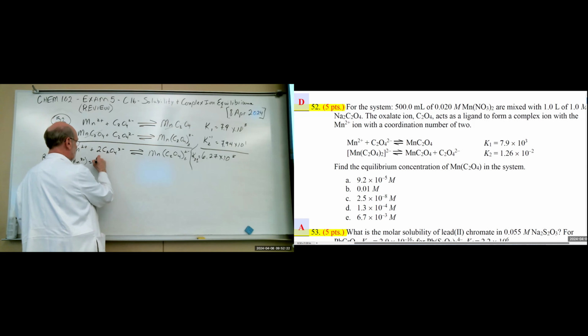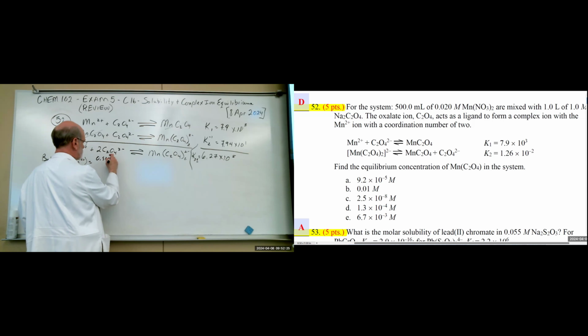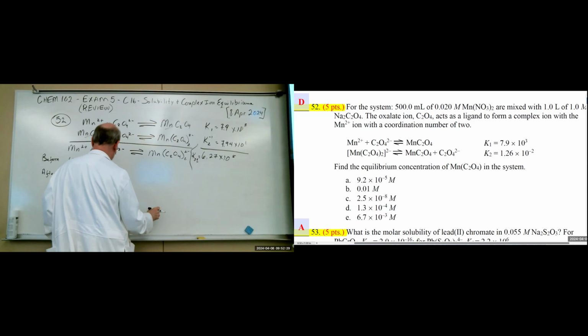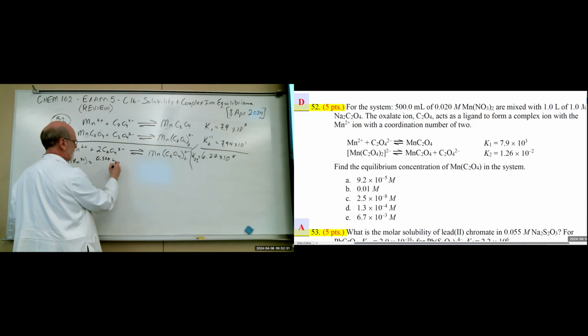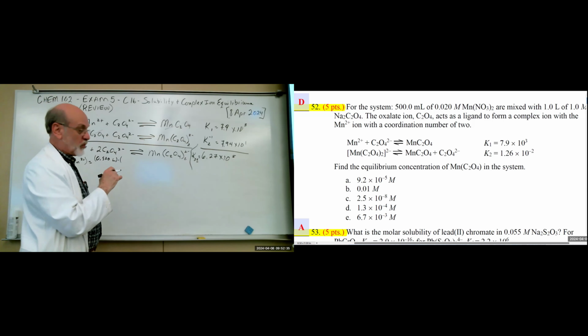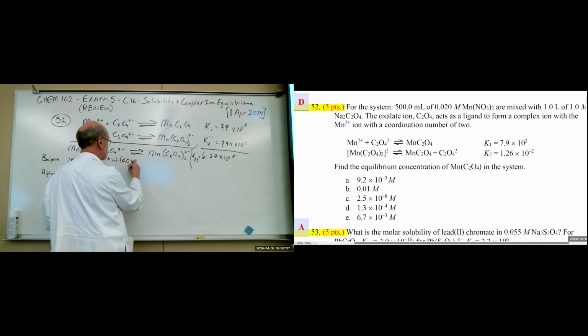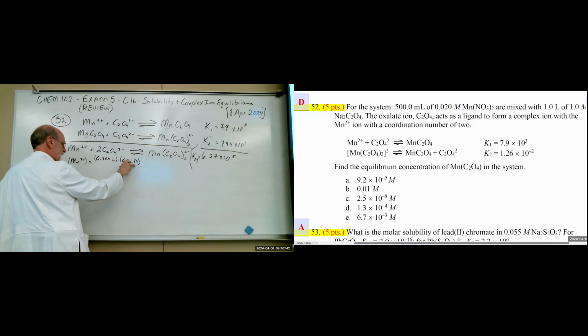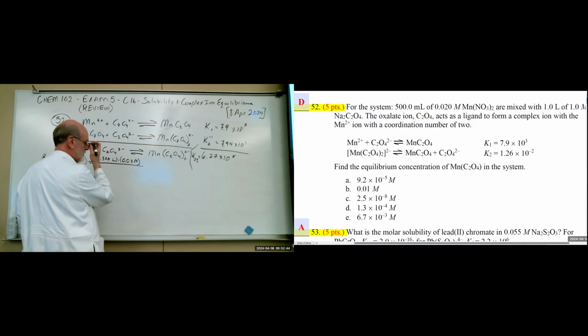So we have 0.5 liters times the molarity, which is 0.02 molar. This is the number of moles of manganese. What's the volume?